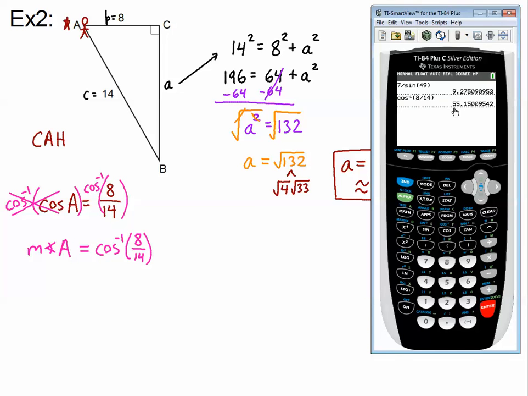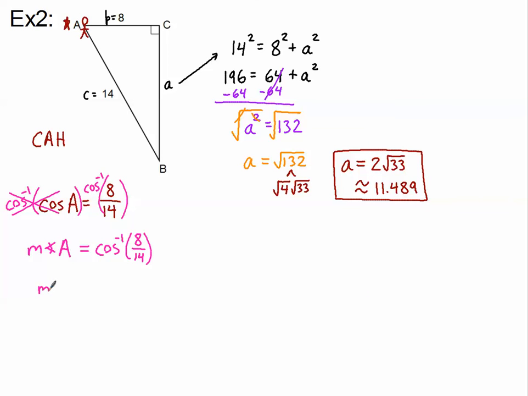Again, let's round to 3 decimal places, 55.150. All right. So the measure of angle A is approximately 55.150 degrees.